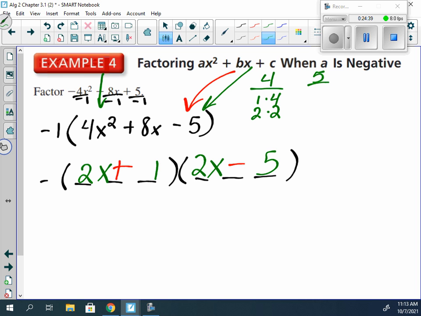And last but not least, we need to check. 2x times negative 5 would be negative 10x. 1 times 2x is plus 2x. And negative 10x plus 2x is negative 8x. Is that what we wanted?